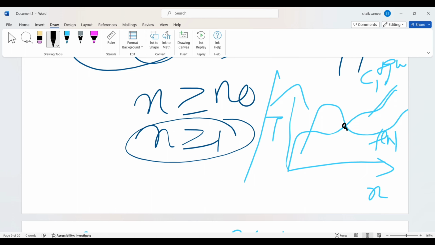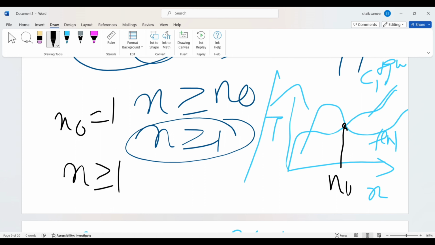For some particular value, c into g of n dominates f of n. So this is n naught. N naught we got equal to 1, so n greater than or equal to 1. Understand? So you can substitute n equal to 1 or greater than 1. I hope you have understood how to substitute the c value and n value.